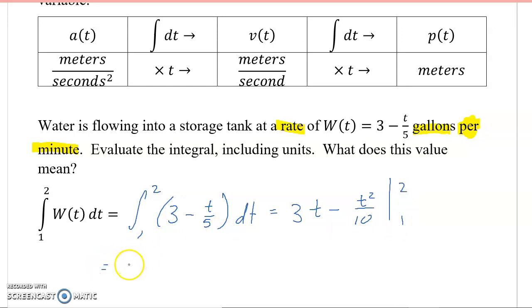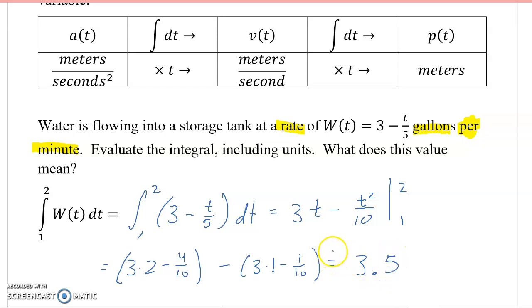So when we evaluate that at 2, we get 3 times 2 minus 4 over 10. And then when we evaluate at 1, we get 3 times 1 minus 1 over 10. And we subtract those two things. That's 6 minus 3 is 3, and negative 4/10 plus 1/10 is negative 3/10, so that's 3.5.